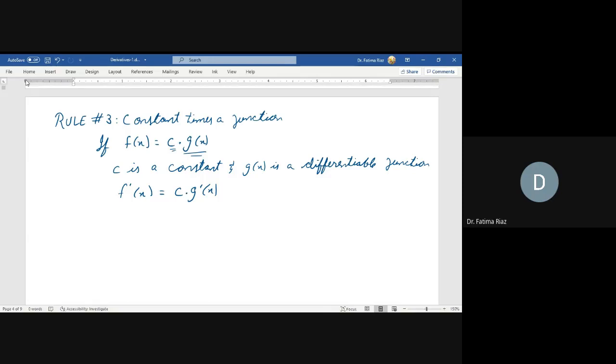Okay, let's suppose I have a function f of x is equals to 17x square, let's suppose. So in comparison to this, c is equals to 17 and g of x is equals to x square. We know that g prime of x is equals to 2x.